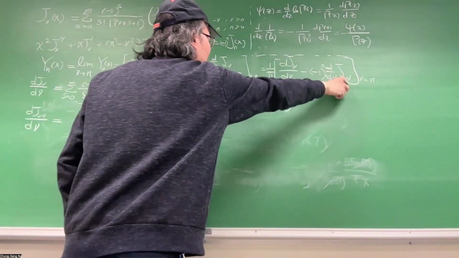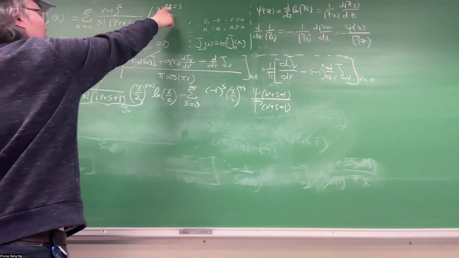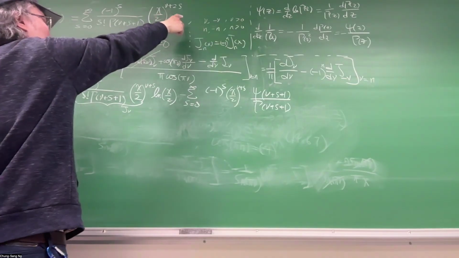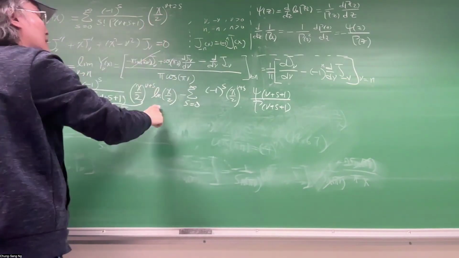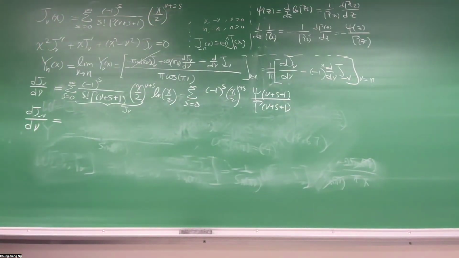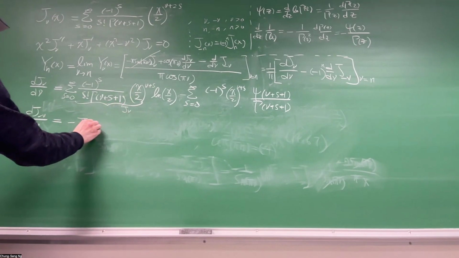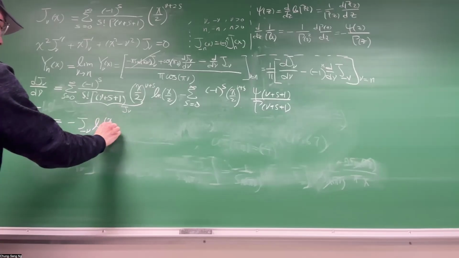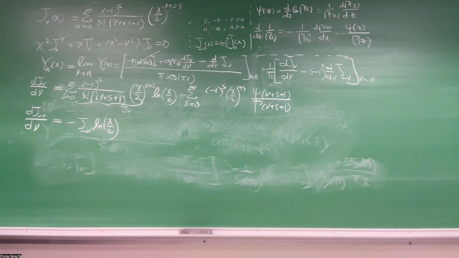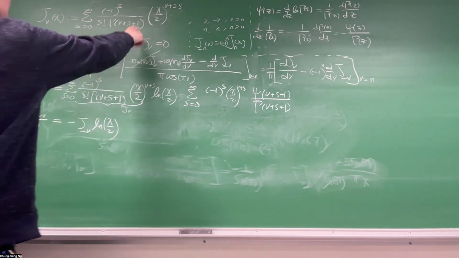Because we have d/d nu and change nu to minus nu in this factor. So that's a minus nu. We take the exponential function, power function, we get log x over 2 the base, but then we still need to take a derivative over that. And so there's a minus nu, d of minus nu over d nu gives you minus 1. So there's a minus factor here. And so the first term must be minus J minus nu log x over 2. Okay, so that is similar to this one, except for this negative factor. Right? So that's one difference.